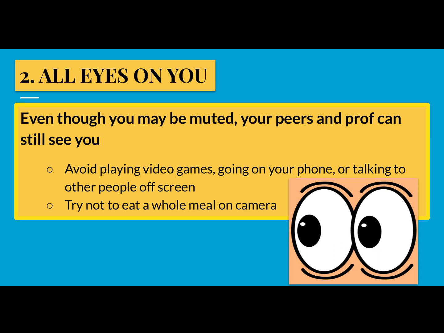This is not to sound creepy, but especially if your camera is on, and even if you're muted and there's a lot going on behind you, if I were in a class and I was on my phone texting, or talking to somebody over there and having a conversation, even if I was muted, that can be really distracting for your peers, especially in a smaller class size, especially when you're asked to have your cameras turned on.